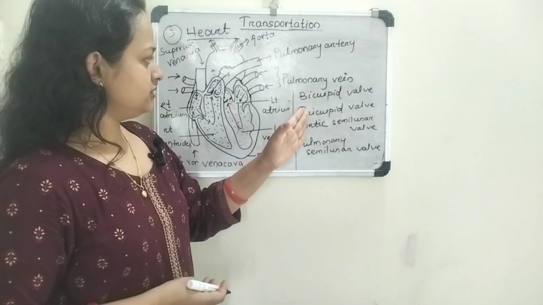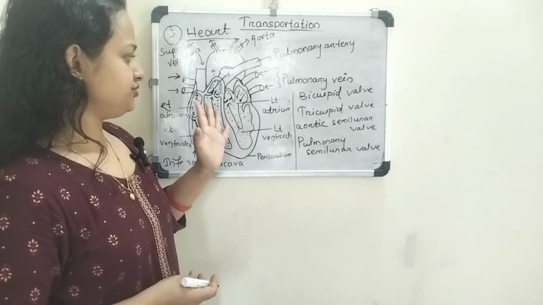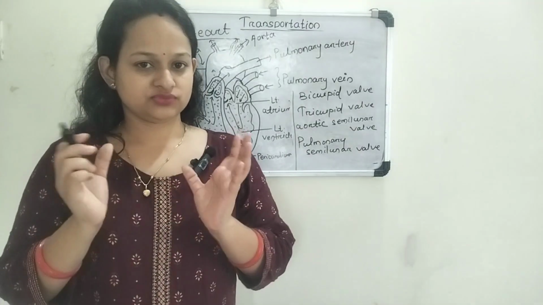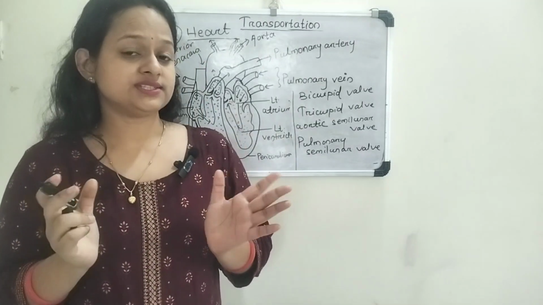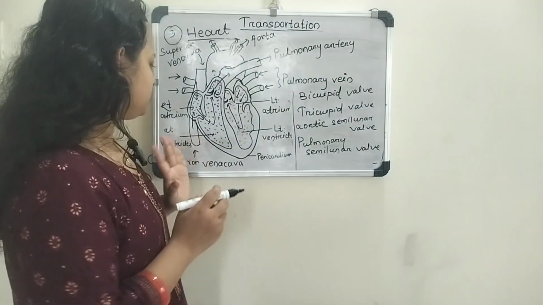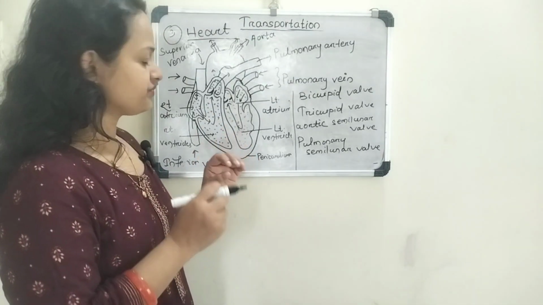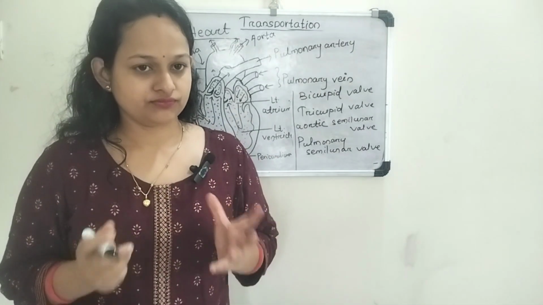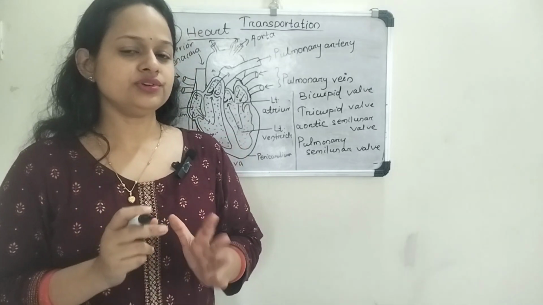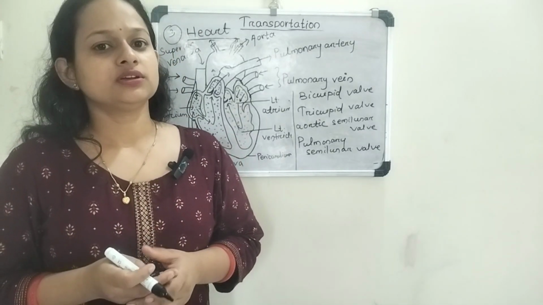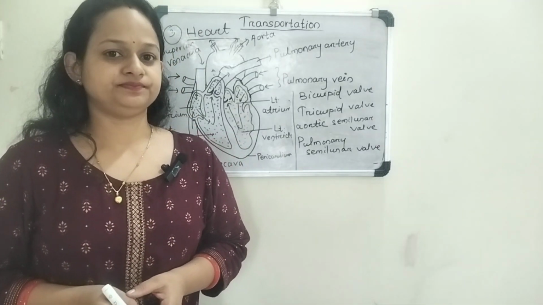And here the auricles, their wall is very thin as compared to the ventricles, as from the ventricles the blood is pumped in pressure, so it has to be thick in its structure.